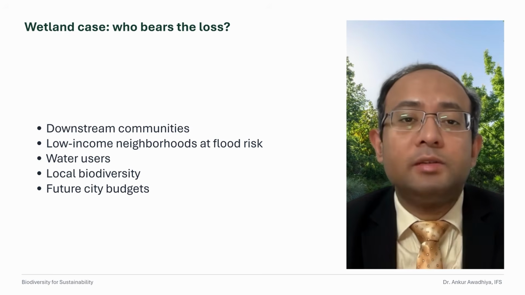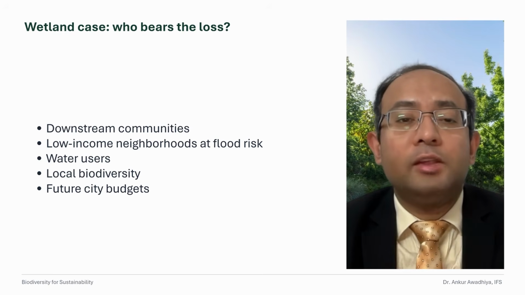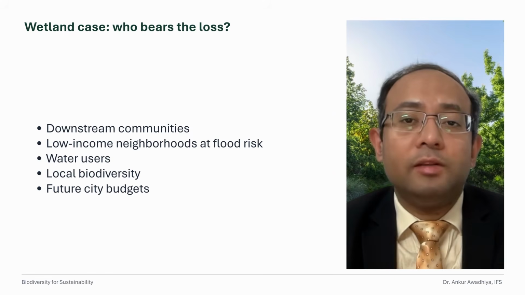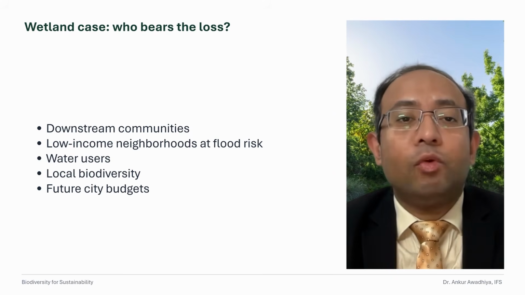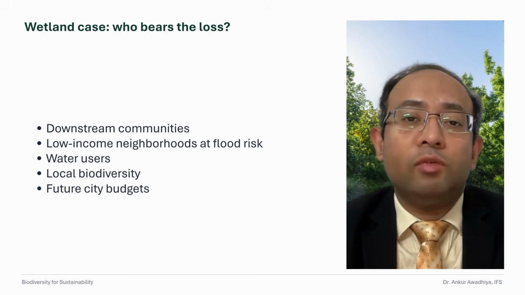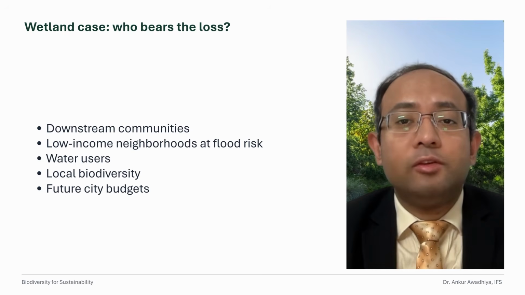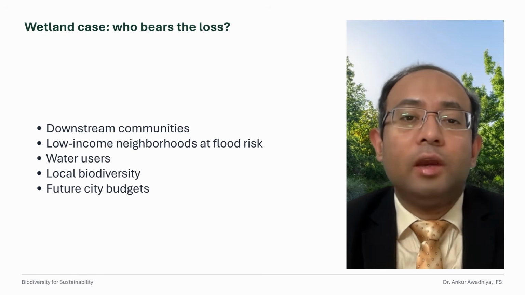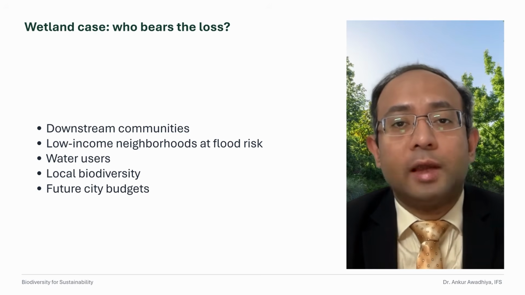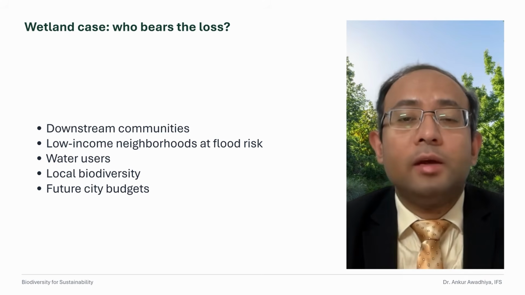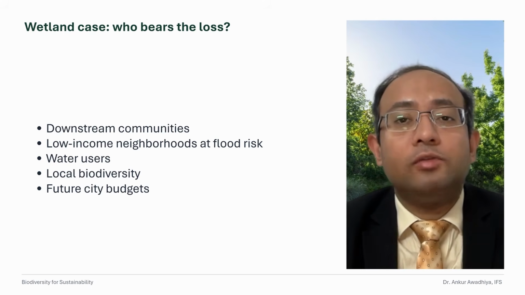Future city budgets may carry the burden of expensive engineered drainage that tries to replace what the wetland was once doing for free. And this case shows directly how ecological loss becomes social and economic loss over time, and how resources are taken away from many and put into the hands of a selected few.